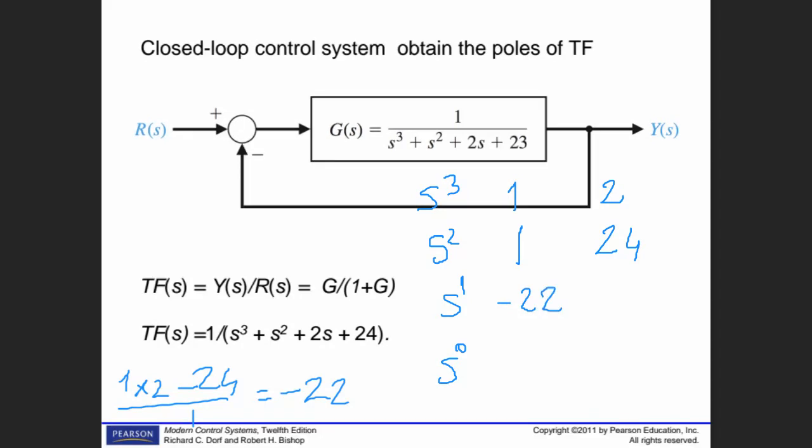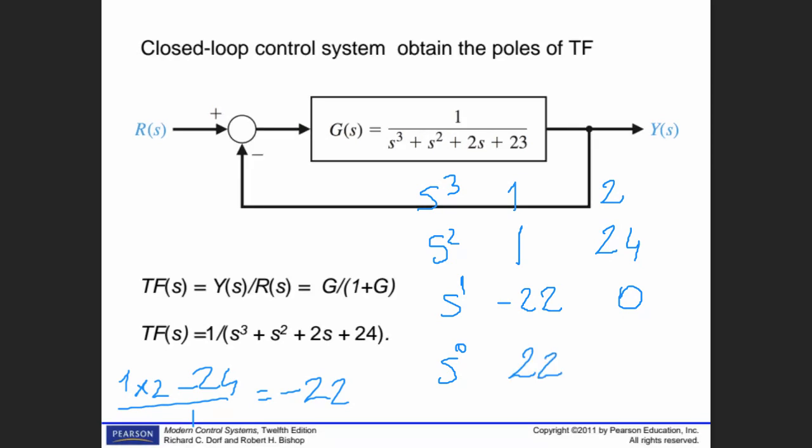If I'm not making any mistake, 1 times 2 minus 24 divided by 1, that's right, minus 22. For this one, however, 1 times 0, so this one is 0. For that one, however, 22 times 24 minus 0 divided by 22, so this one is plus 22.